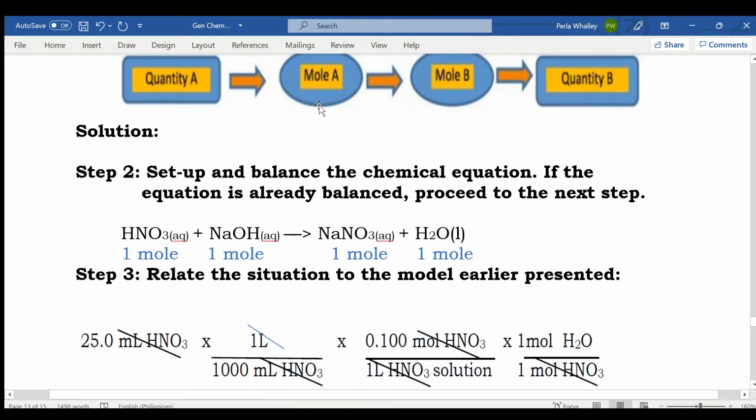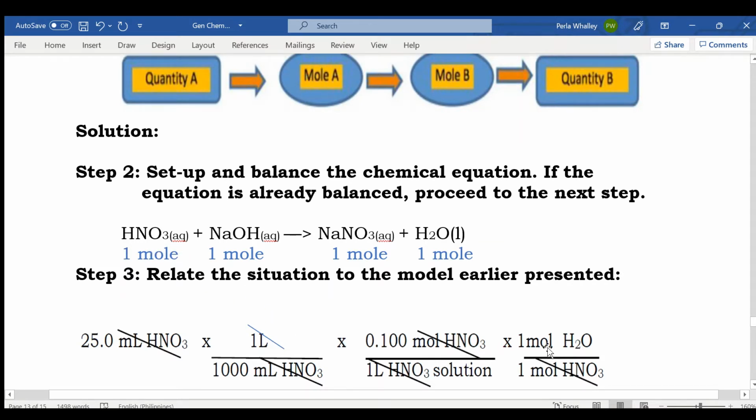Then let's go to the mole. This is now the molarity of the solution. 0.100 mole HNO3 in 1 liter HNO3 solution times mole B. So, mole of B, the water here, would be taken from this equation. 1 mole of water is formed per 1 mole of nitric acid used in the reaction.